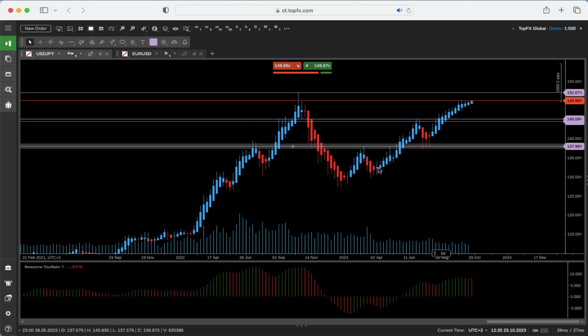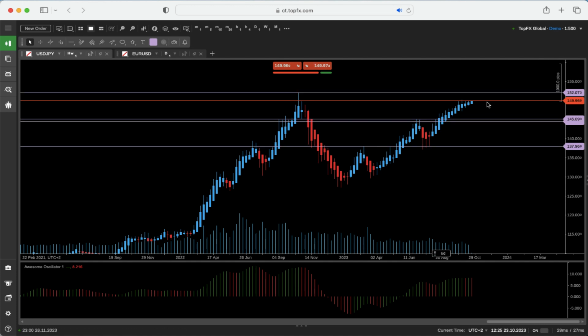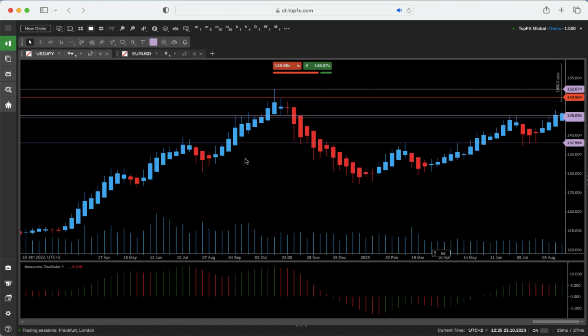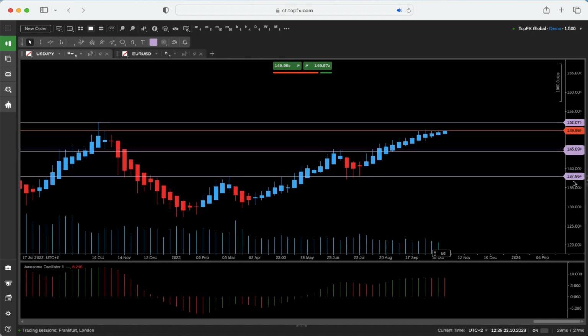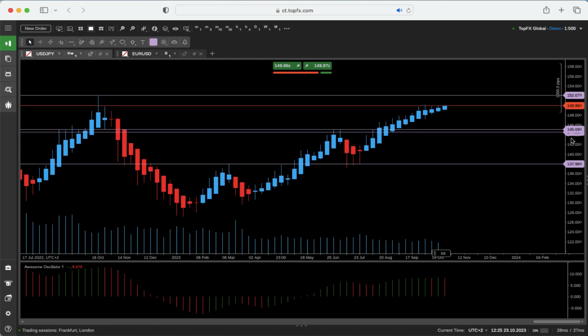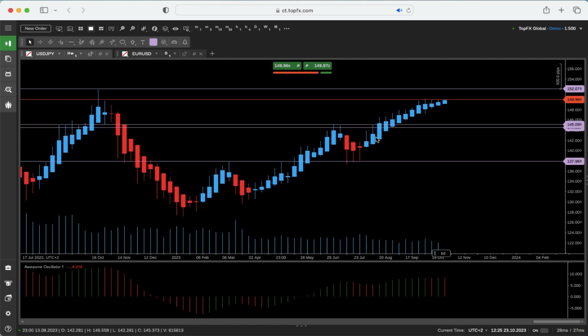On the weekly, the Heiken Ashi candles are showing us that this is still a very strong uptrend, judging by these candles. Uptrend is indicated by blue candles with big upper wicks, upper wick, upper wick.